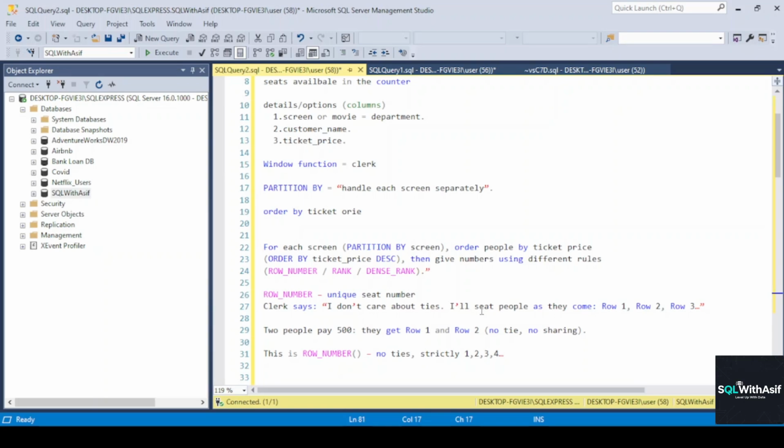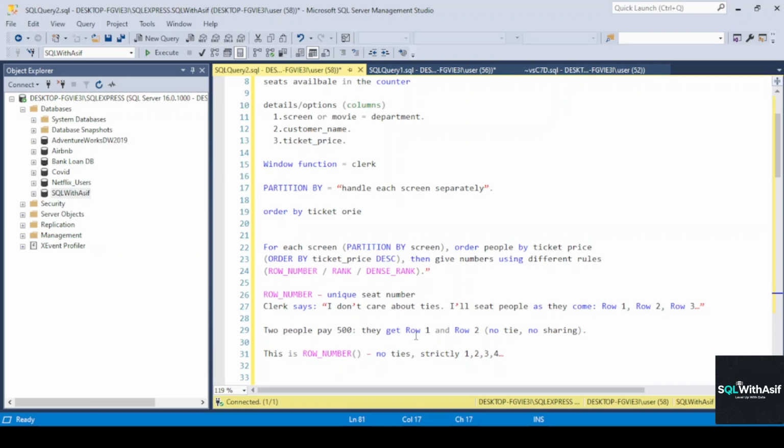I paid 500, my friend paid 500, and one other person paid 300. So clerk 1, which is row number, assigned rows accordingly. Row 1, row 2, no tie, no sharing. Even though my friend and I both paid 500, there was a tie on the ticket price, but he doesn't care.